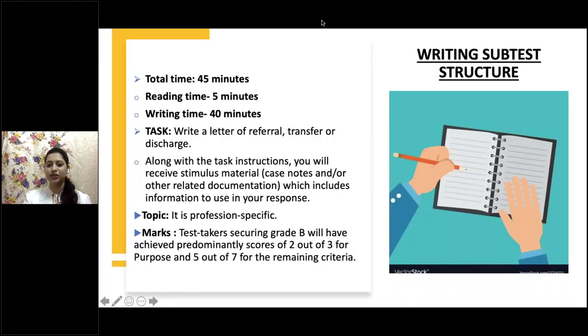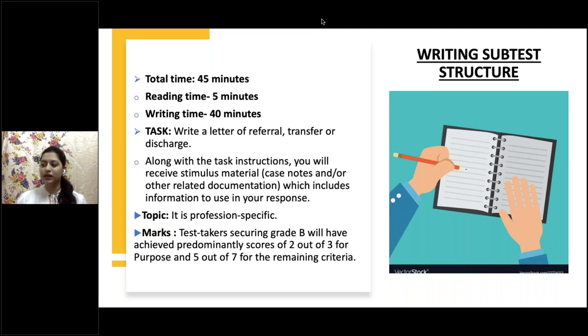All right, so let's jump into today's topic, that is the writing subtest structure. So the total time of the test is 45 minutes. So you'll have a reading time ahead of your writing time. That is basically 5 minutes of reading time.